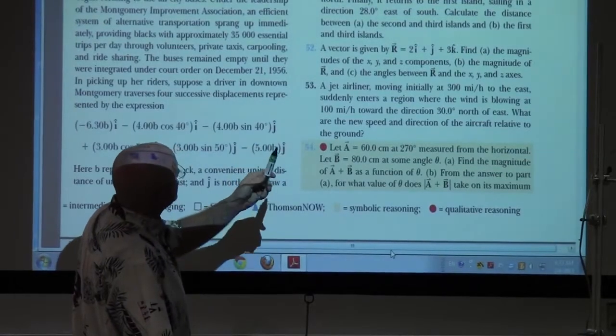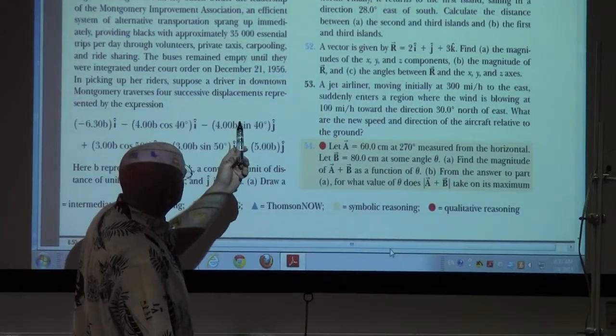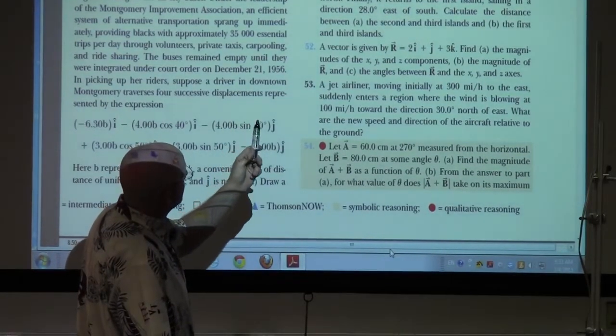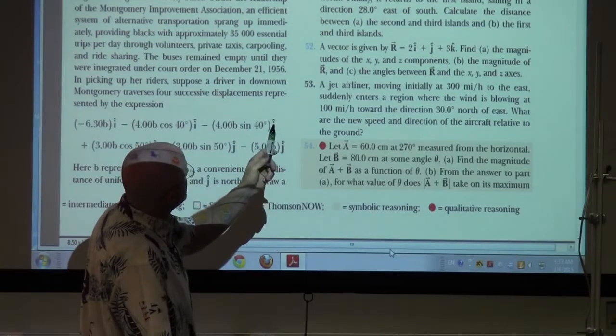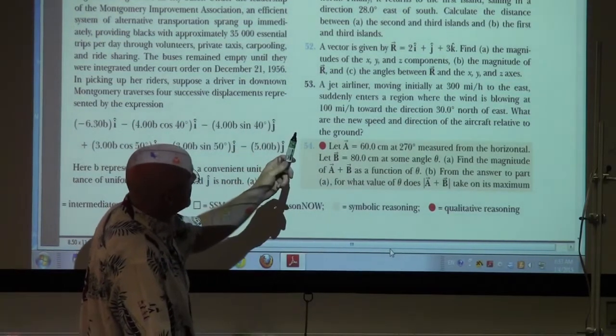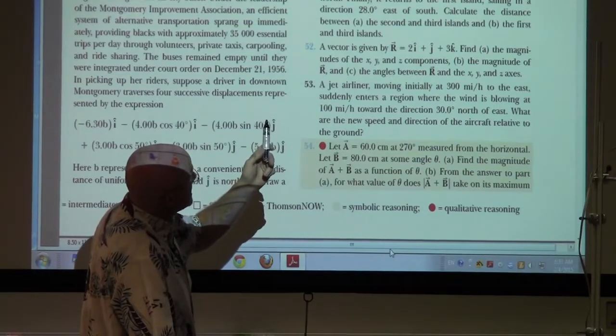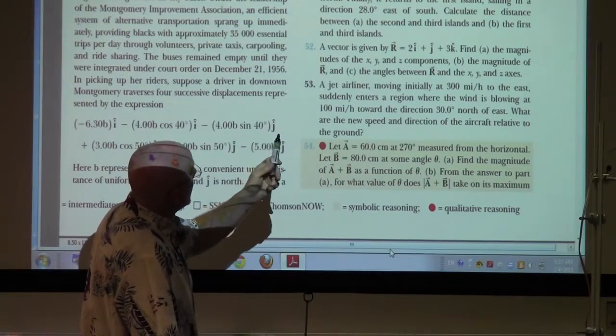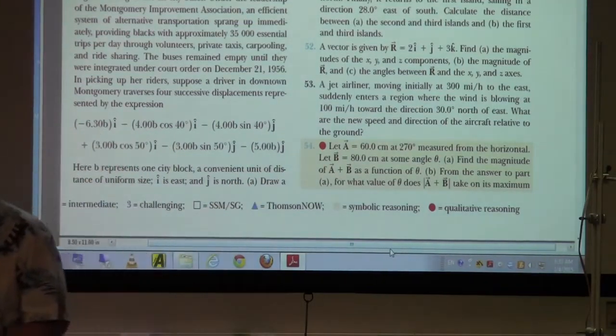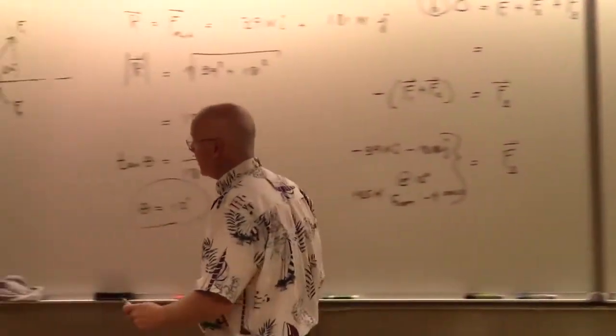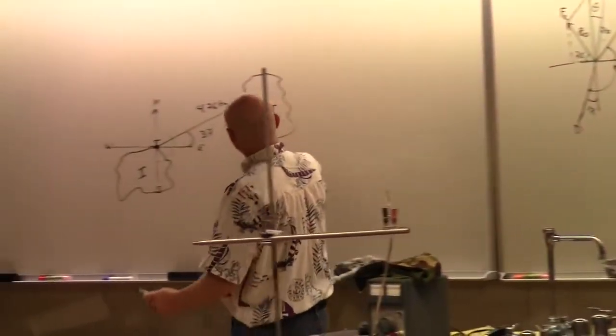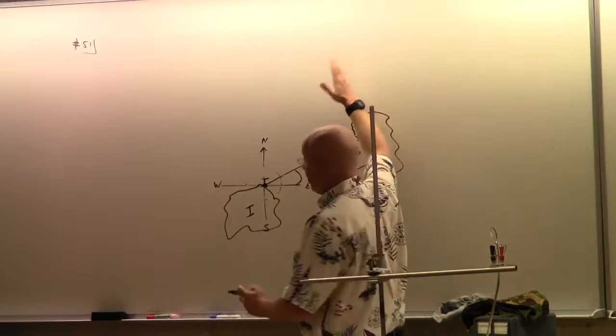It then sails from the second island to the third island in a direction that is 69 degrees west of north. Okay, so here's due north.